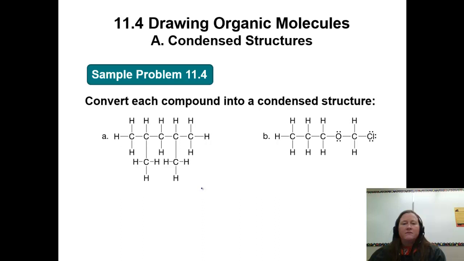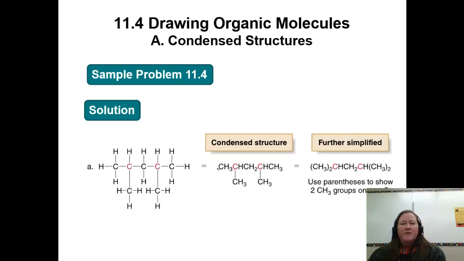All right, I'm hoping that you paused it and gave it a shot. If we look at the solution here, we have 1, 2, 3, 4, 5 total carbons. And here we have CH3, CH, CH2, CH, CH3.